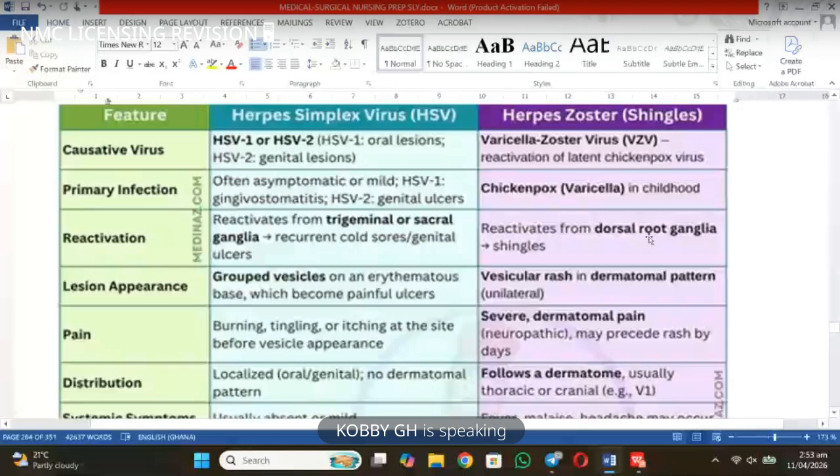So take note of that too. The zoster reactivates from the dorsal root ganglia, and the simplex reactivates from the trigeminal ganglia. Is that okay? All right, that is fine.